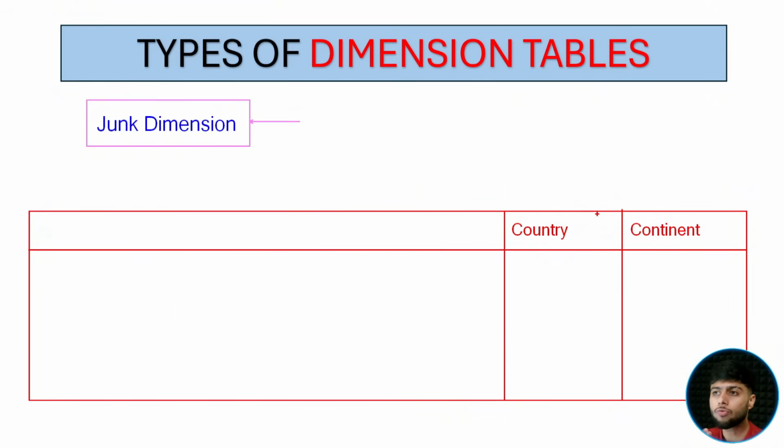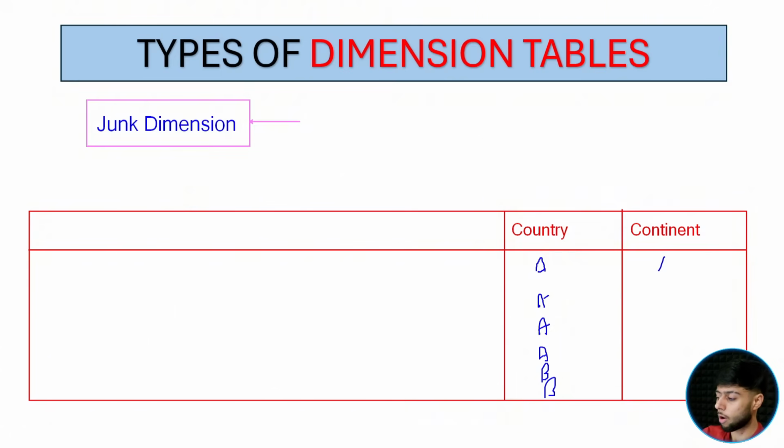Now our data is just for, let's say, two countries, that's it. Let's say my values are country A, A, A, A, and a few B. Just two countries, and those two countries come under the same continent.